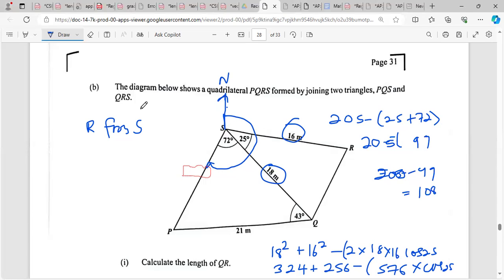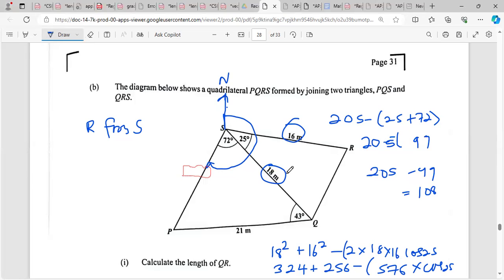I think you understand. So that works out to 108, right?